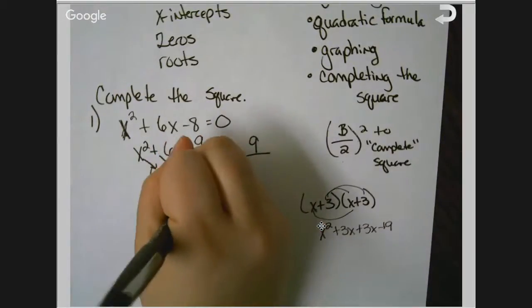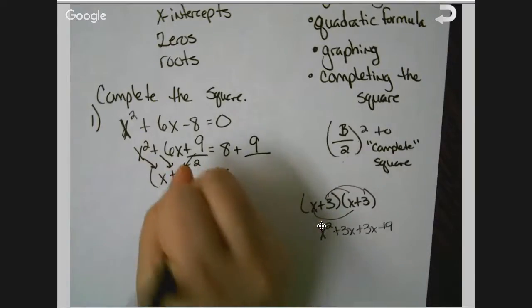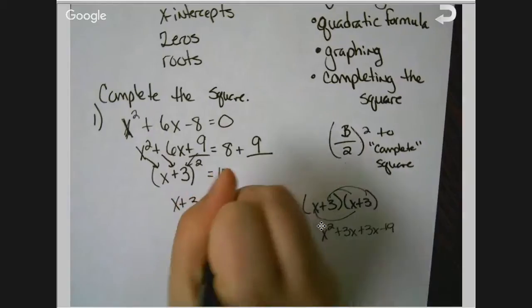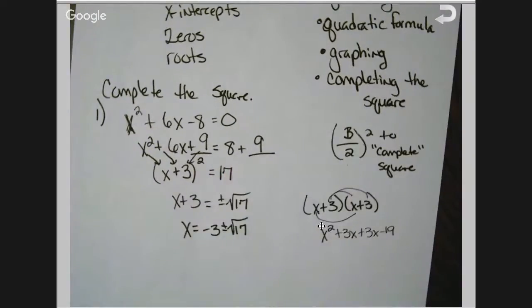And x plus 3 over here. Now what do we do? Subtract 3. Minus 3 plus or minus square root of 17. And that's your answer. You have x equals.